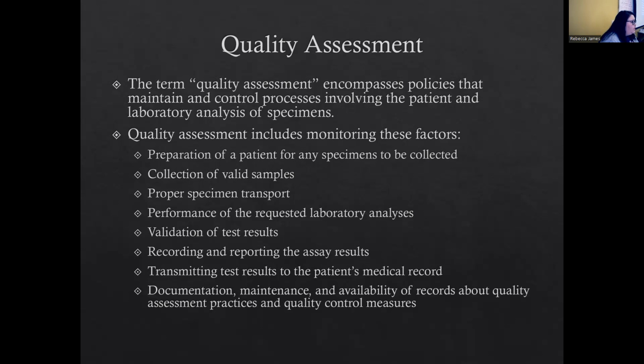Well, you're going to learn in a minute that certain tests go in certain tubes. If a test that's supposed to go in one tube goes in another tube by accident, it could affect patient results, okay? A laboratory assay will be no better than the specimen on which it is performed.